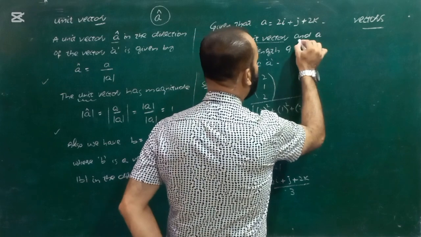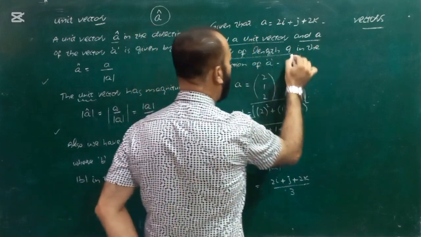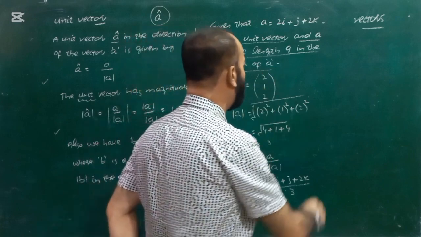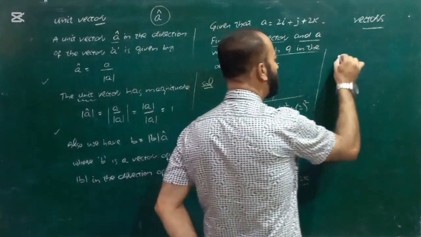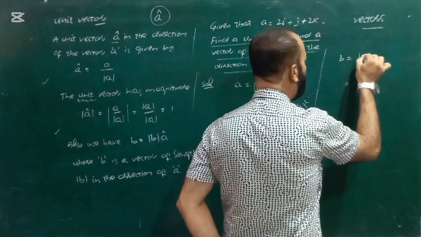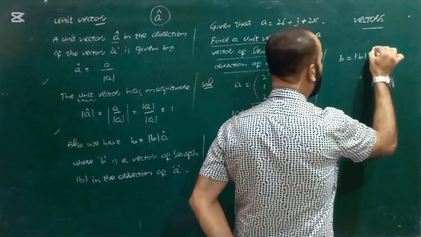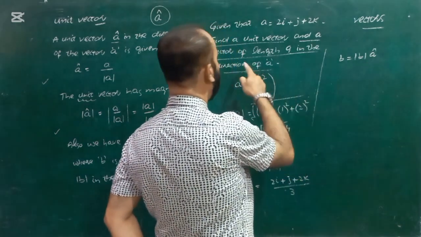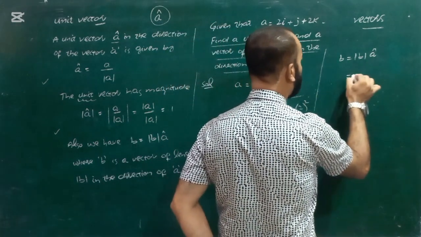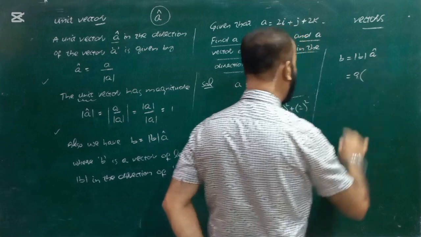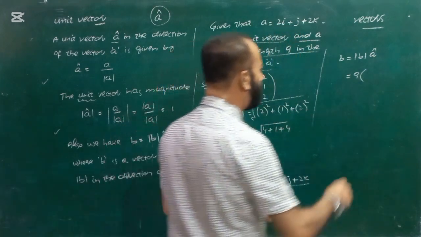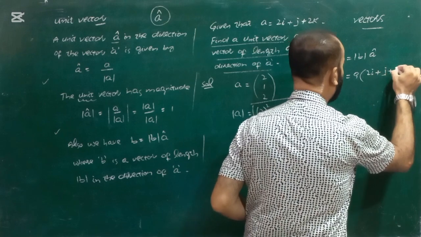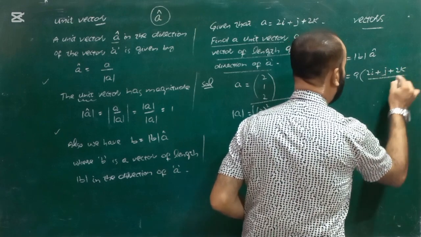Now further required is a vector of length 9 in the direction of A. So let's suppose the next vector is B, that will be equal to B magnitude times A cap. So B magnitude is given, that is 9, and A vector is given, that is 2i plus j plus 2k, over 3.